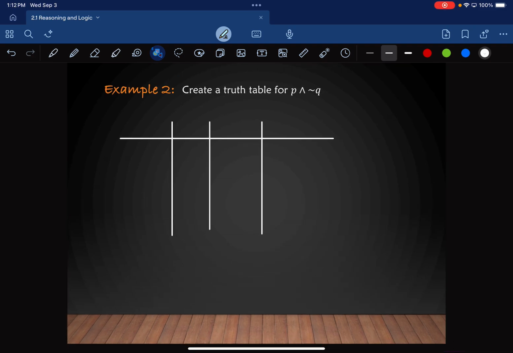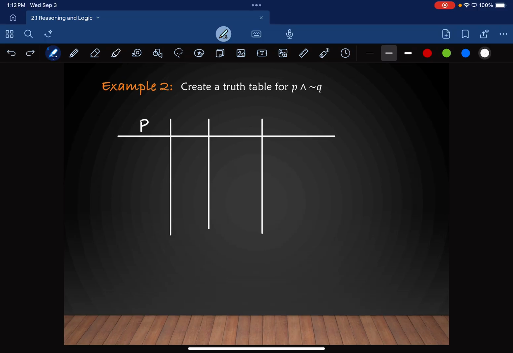So it will have, as mentioned, a column for P and a column for Q. We always have P's and Q's in terms of the individual columns, even if we don't have Q in the original statement. So like this statement doesn't have a Q and it has a tilde Q, right? You guys see that? But there is a Q present in some fashion, so there will be a column for Q. So there's always going to be a column for the two individual statements given as is without any tildes.